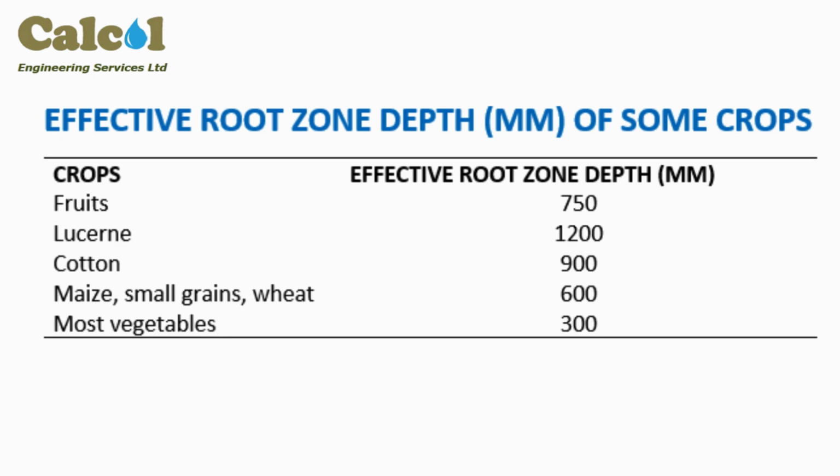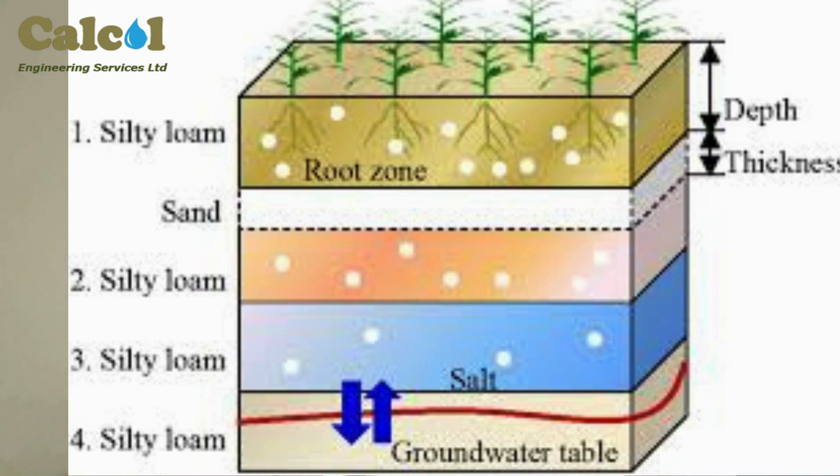Once that is determined, you identify the depth of different soil layers within the effective root zone depth. Because soil comes in different layers, if the effective root zone depth is, say, 1 meter, within that 1 meter you will have different soil layers.